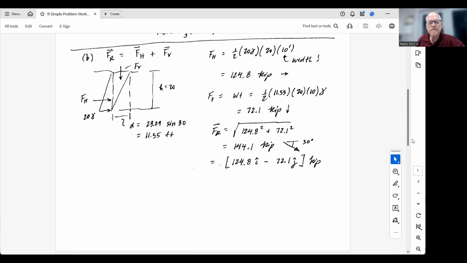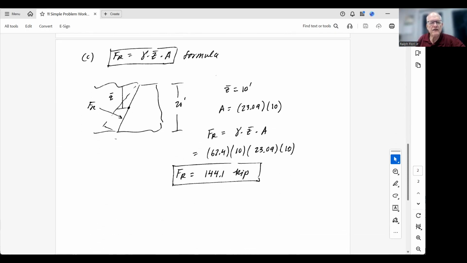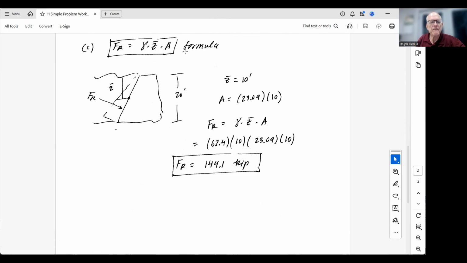The third method is using the gamma Z bar A formula. So FR is equal to gamma. Z bar is the depth to the center of the plate. We said that this plate is like 23.09 long, but the depth is 20. So half of that depth is 10.